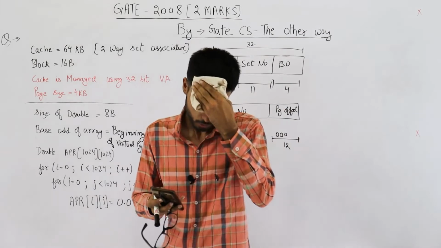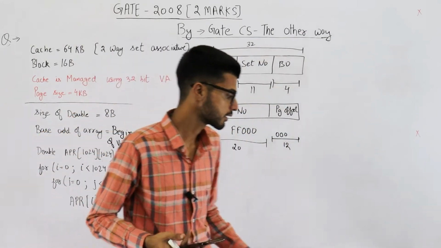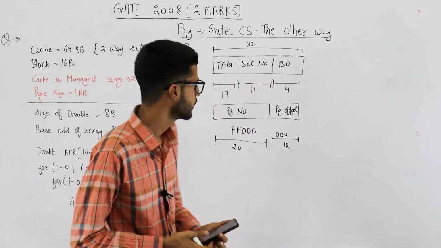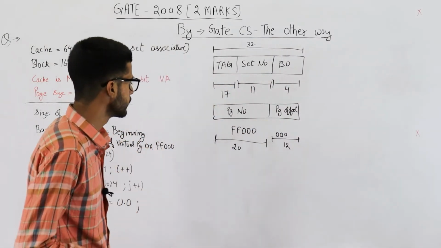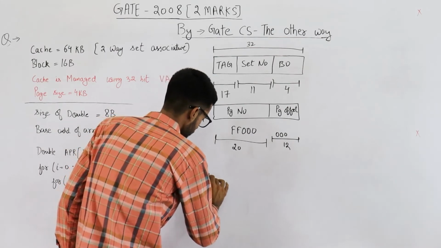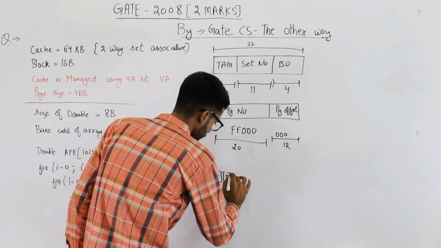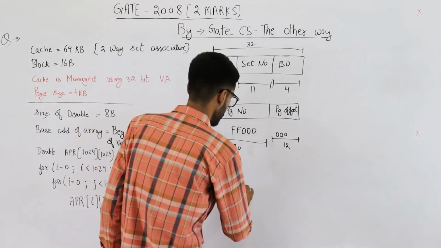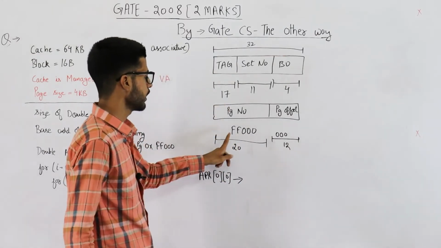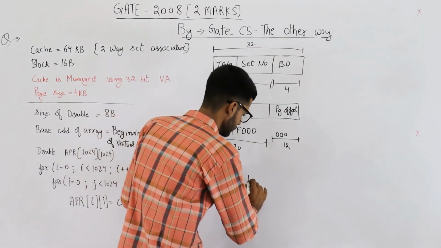So what we are going to do is find the addresses of these elements, and then we'll compare. So the first one is already done. A[0][0], the address of this element will be FF000. Let me convert it into binary.